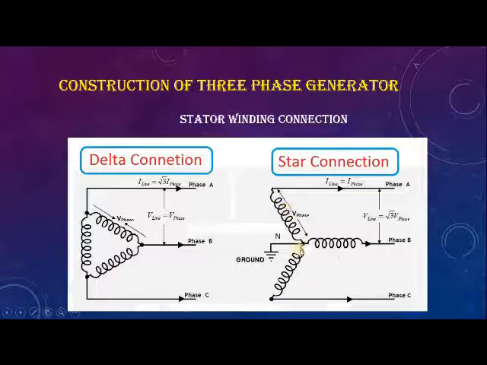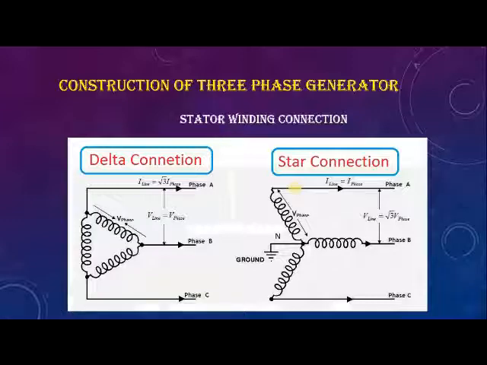What is phase voltage? Voltage measured across the winding. So in this case, the voltage measured across the winding, you can see here, V phase, is not equal to line voltage, because we are measuring the voltage between this neutral point and this phase conductor.